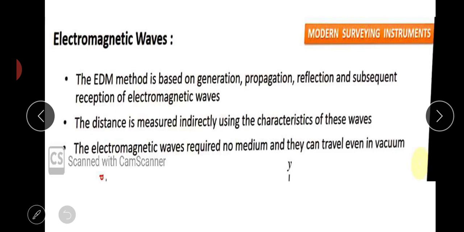Now what is an electromagnetic wave? The EDM method, electromagnetic distance measuring equipment, is based on generation, propagation, reflection and subsequent reception of electromagnetic waves.